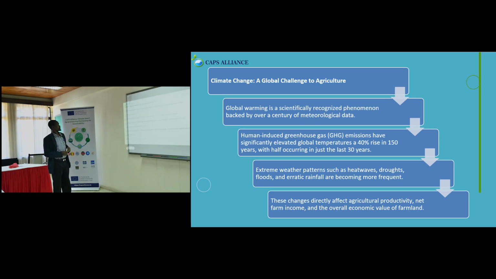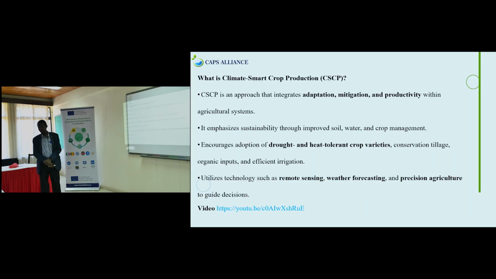Now, what is climate smart crop production? It is an approach that integrates adaptation. The most important thing here is adaptation. Every crop that you choose must adapt to a given environment.